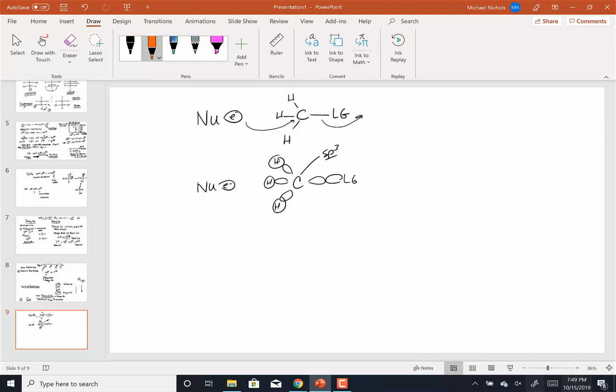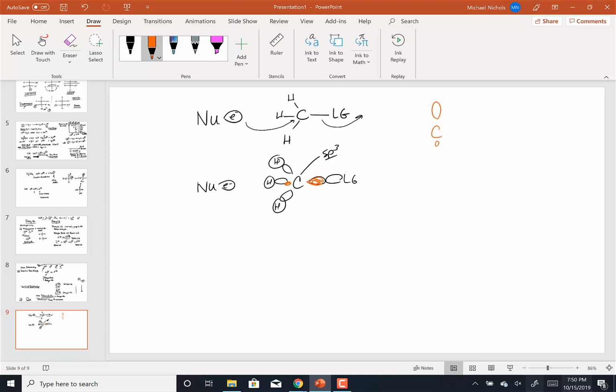Remember that an sp3 hybridized carbon has a big lobe, and it's got the little teeny tiny lobe down there. That little teeny tiny lobe comes into play here, because for this orbital, there's a little teeny tiny lobe on that side.